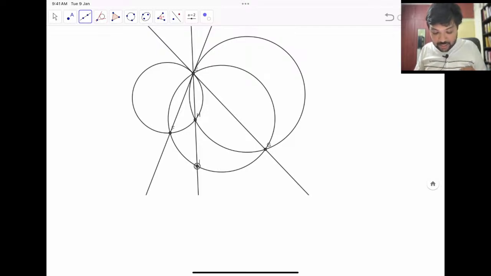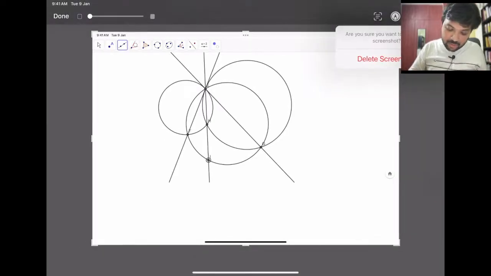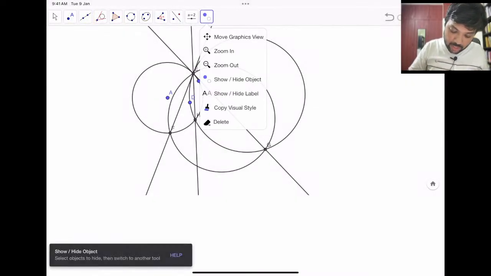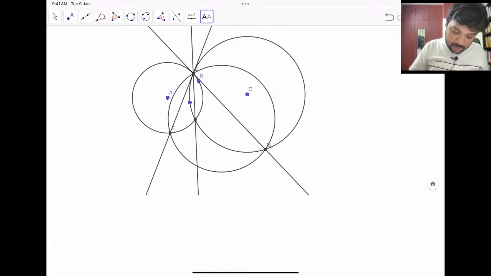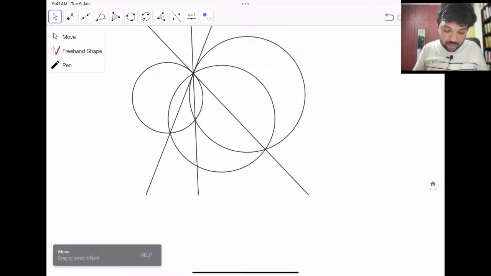So okay, as you can see, EH equal to HI. Okay, so that's what we have to do. So no, let me remove the labels first. It's confusing. Show hide labels. In fact, show hide objects only will hide the objects. Oops. Okay. Great. So oops. Show hide objects. There's an extra object missing. Okay. All right.